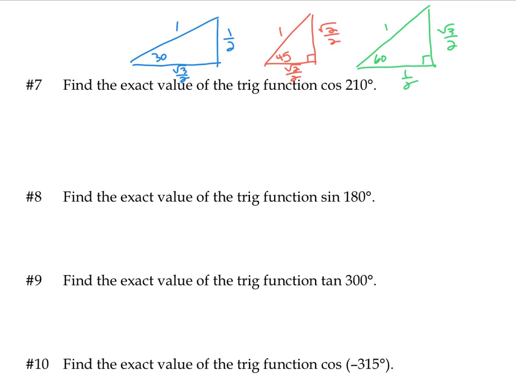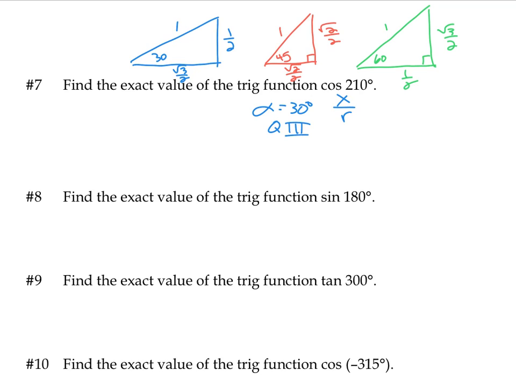So find the exact value of the trig function, cosine 210. So now, cosine, okay, is x over r, and 210 is a reference angle of 30 degrees in quadrant 3. Okay, so the quadrants can help us make sure we get the sign right. All students take calculus, so in quadrant 3, cosine should be negative because you're going to have a negative x value in quadrant 3.